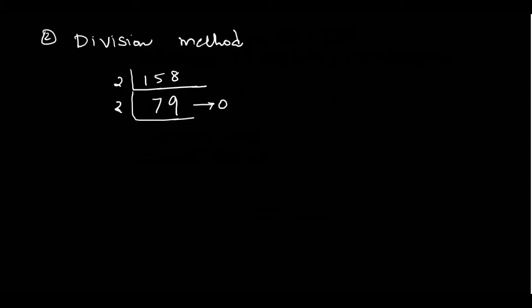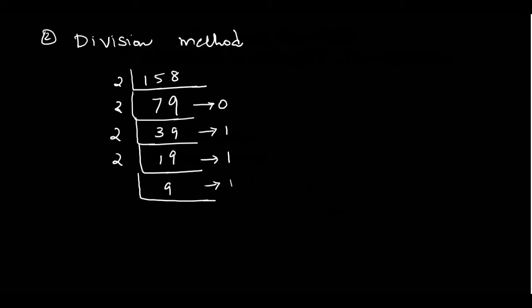Again by 2, what do we get? 39. Remainder equals 1. It's not exactly divisible by 2. So again by 2, again it is not exactly divisible by 2. Remainder equals 1. Again if we divide by 2, we get 9 and remainder 1.